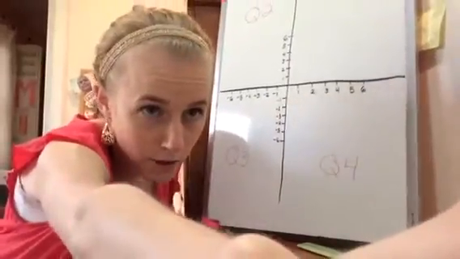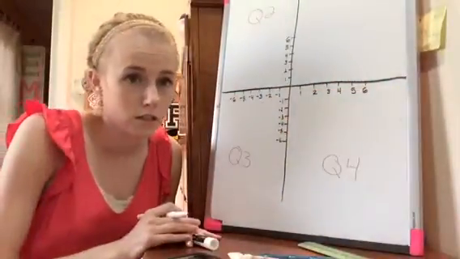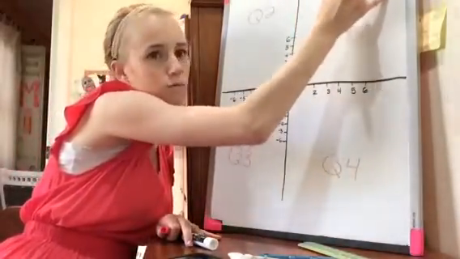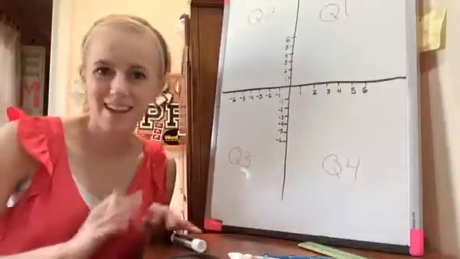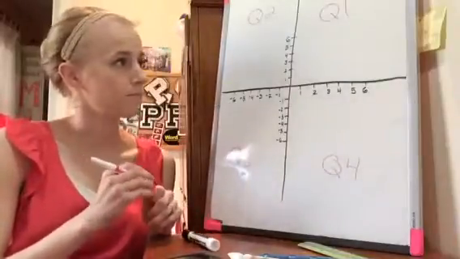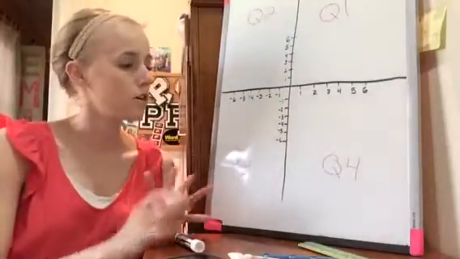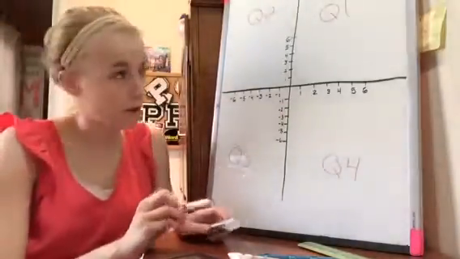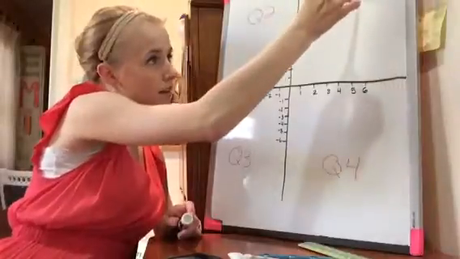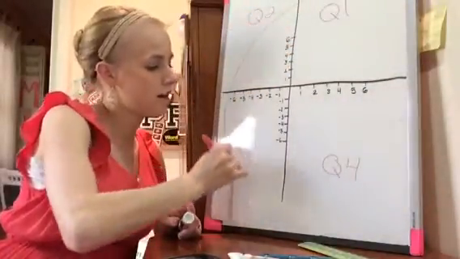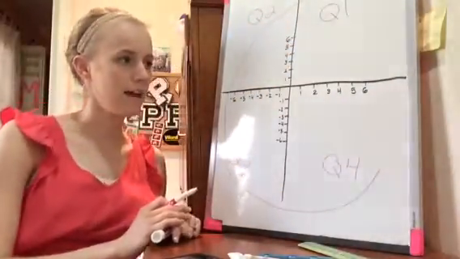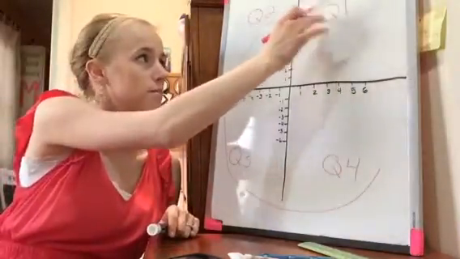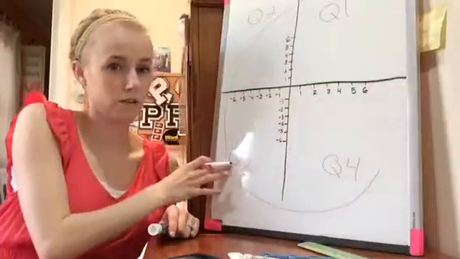Can you see our Q1? Okay, so when we look at this here, we have 4 quadrants. I was always taught when I was growing up to think of it like a big, giant C. That's how you can remember the order of the quadrants: Q1, Q2, Q3, and Q4.